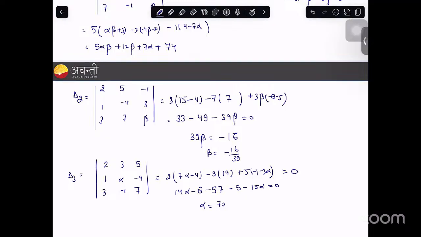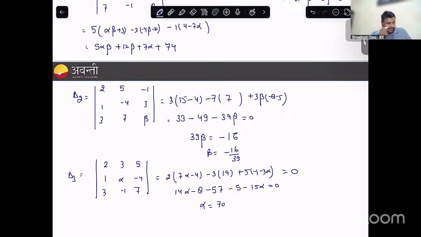Sir, the value of alpha should come out negative, sir. Just a minute, let me do it. Alpha is minus 70, yes, and beta is minus 16 upon 39. Minus 16 upon 39, just a moment.